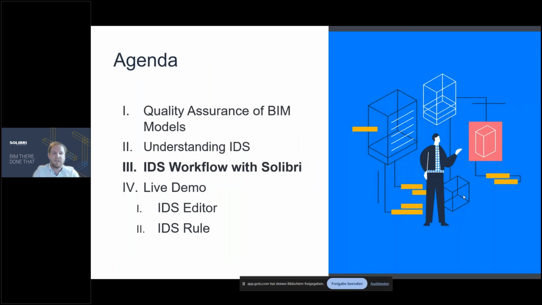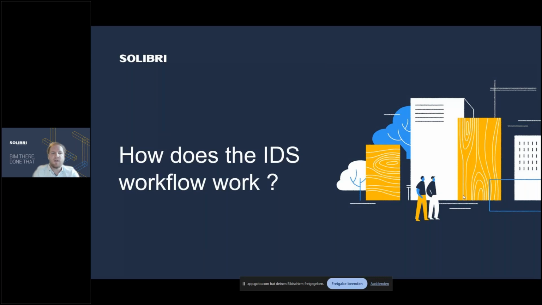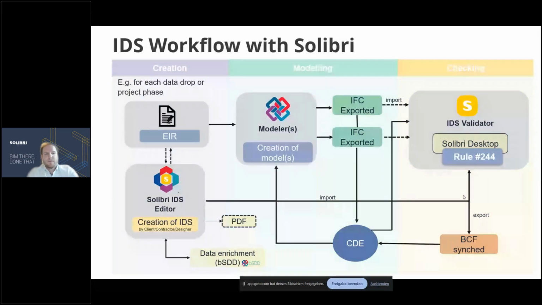So let's have a look at the IDS workflow in Solibri. How does the workflow look like? To create an EIR, you can also use the Solibri IDS editor, where you can create the specifications that are needed in your BIM model. And therefore, we also have a connection to BSDD.